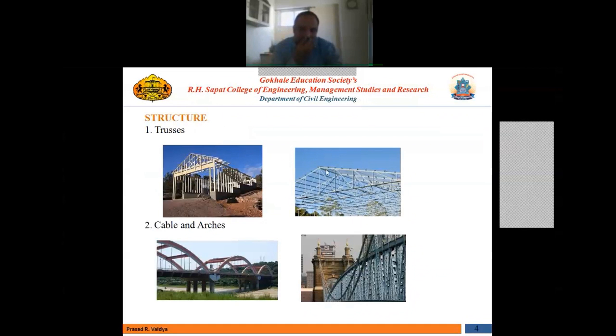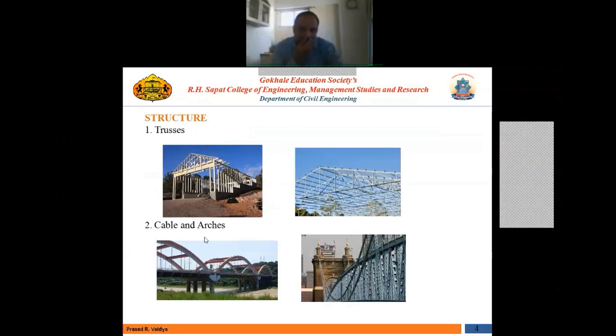So there is always a fixity, so partial fixity will always be there. But for simplification, we will assume that all forces in this particular type of structure are either tension or compression. So it is a two force member, that is the first thing, and there is no bending at all, right? So that is a truss type structure.